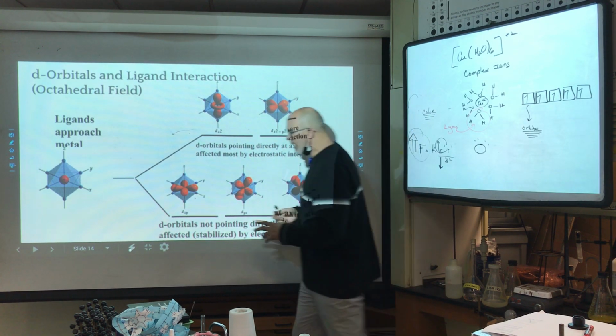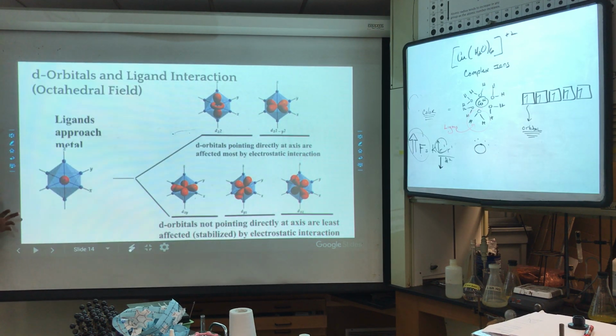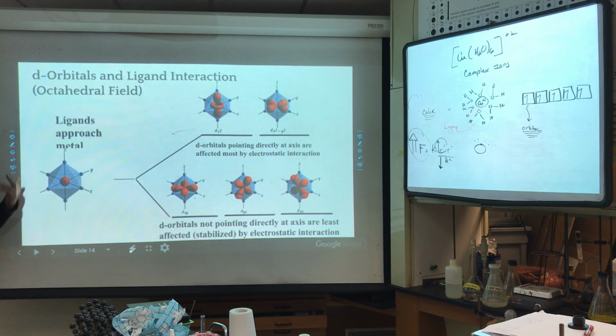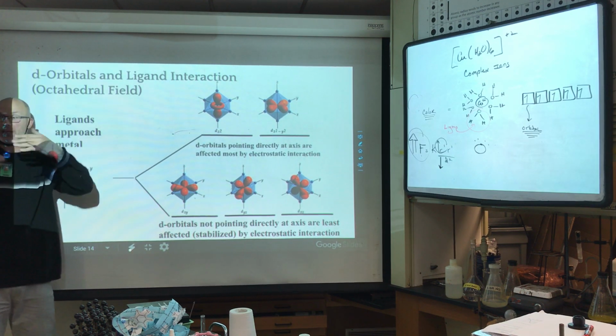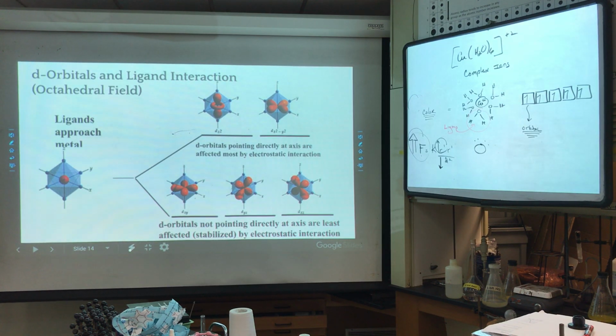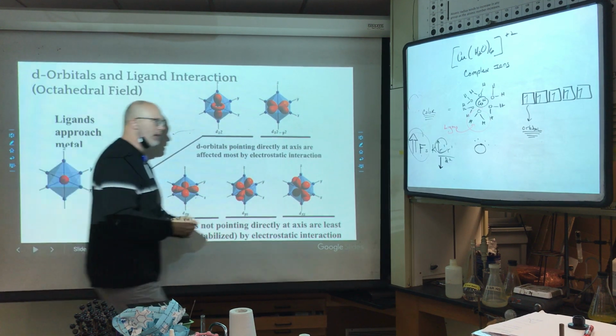Now, when the ligand approaches, remember, in the case of copper, the oxygen end of the water, negative, is really attracted to the copper +2. And only 6 can fit. So the waters are going to repel each other to get a stable structure. That structure is called an octahedral. So the water's going to attack from the top and bottom. That makes sense?